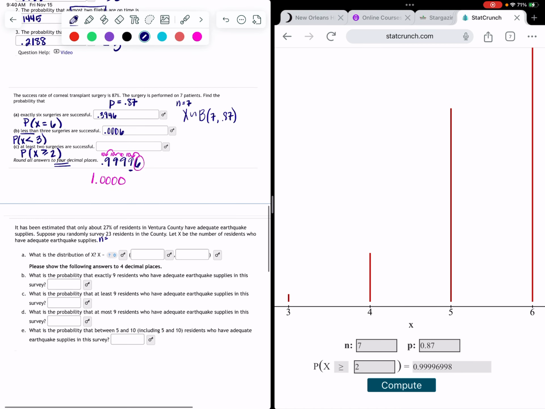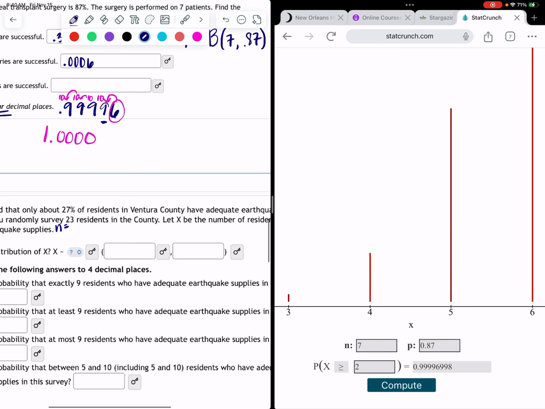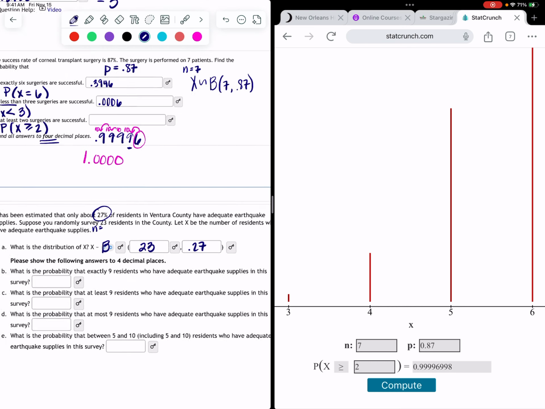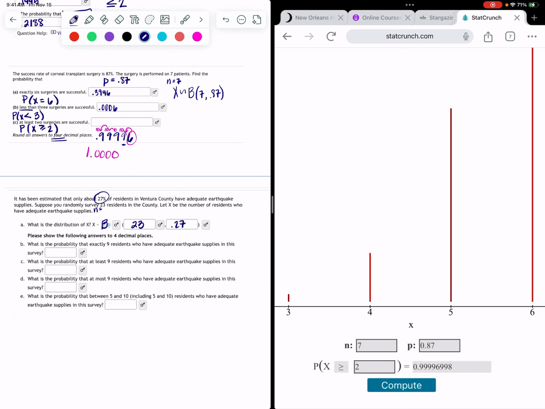I see only 2 options. You are either prepared or you're not. And I see a probability of success of 0.27. So that means we have a binomial distribution with an N of 23 and a P of 0.27. So we're doing the same thing. I'm going to change my numbers.